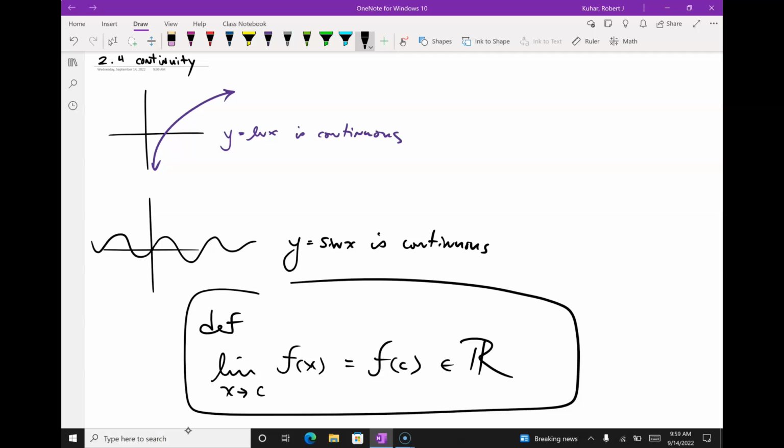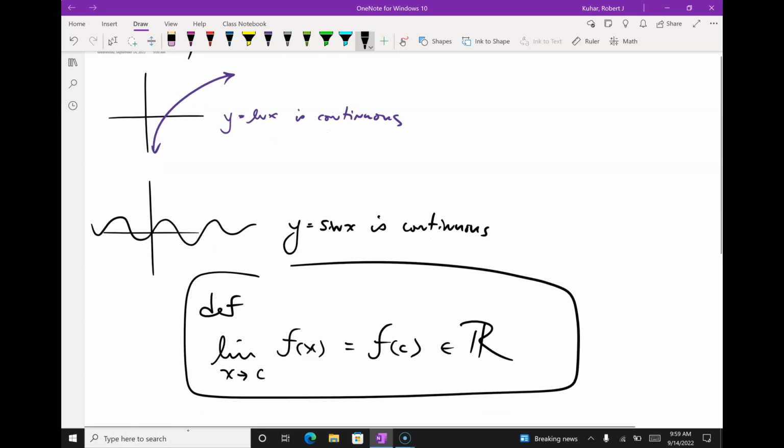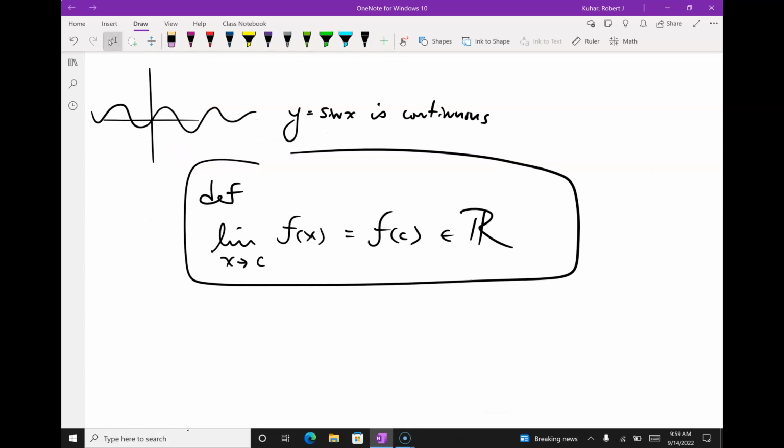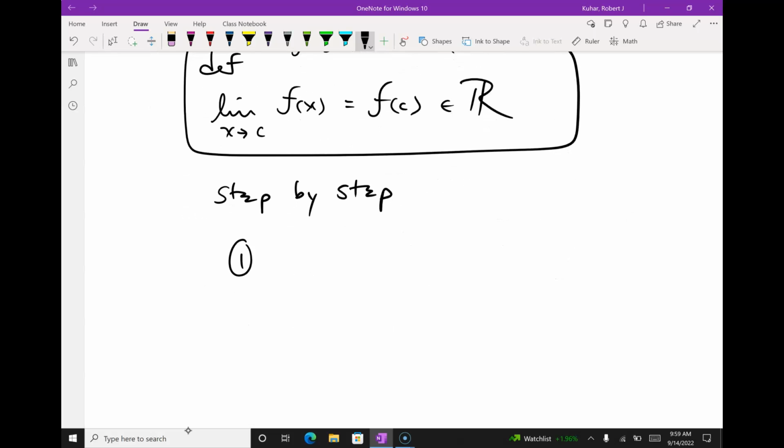So here's our little checklist, right? So we say here, f is continuous at x equals c, if the limit of f of x is f of c, and that's a real number, right? So here's our step-by-step. Find f of c.